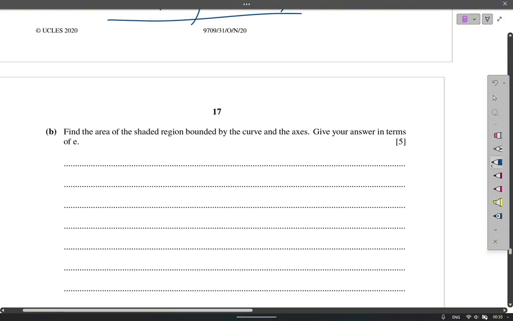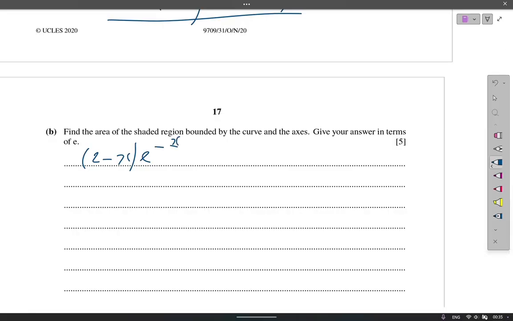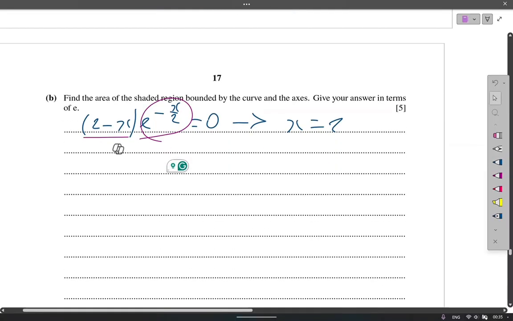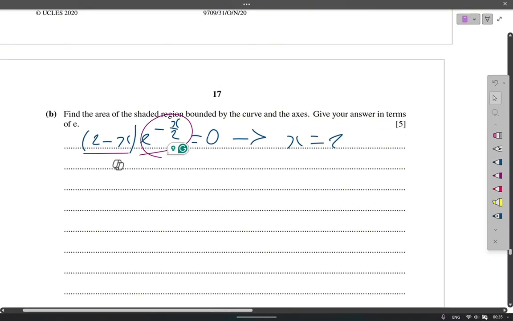So let's set this to 0, which just gives x equals 2. Only this part can have the answer. This part can't have the value x to get 0.